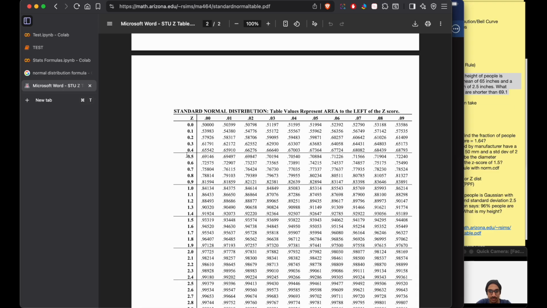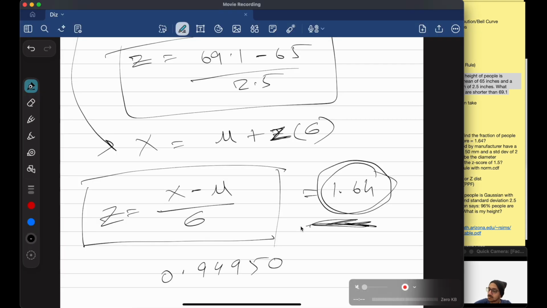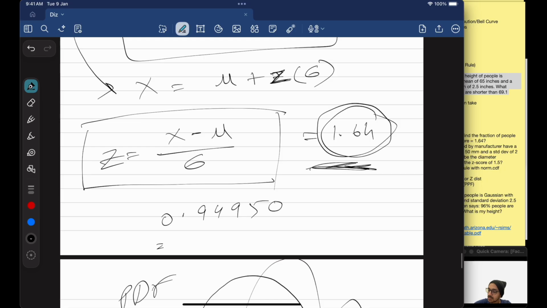So we take the first two digits, which is 1.6 here, and the third digit 4. So we check the third digit here, right? So 1.6 and 4 is over here. So this will be our probability, that is 0.94950. Right? When we normalize, this will be nothing but 94.9%.